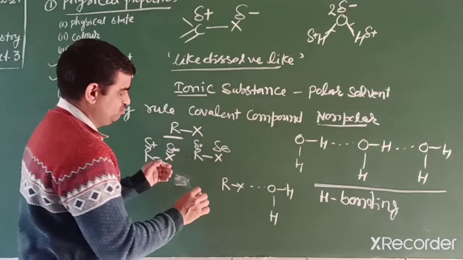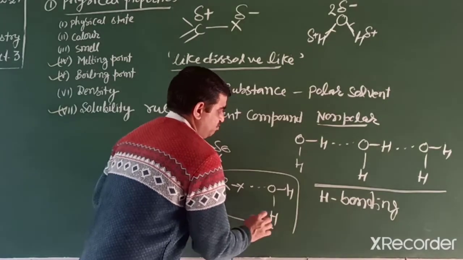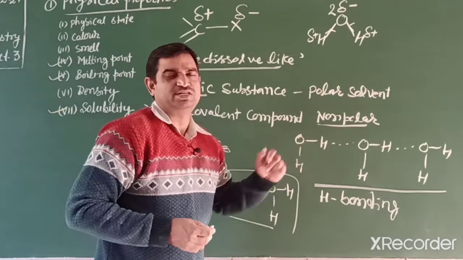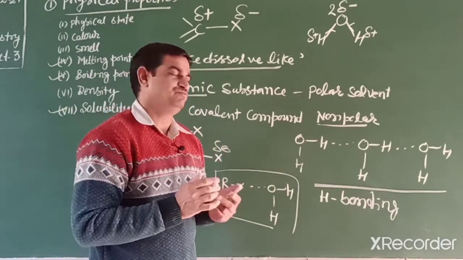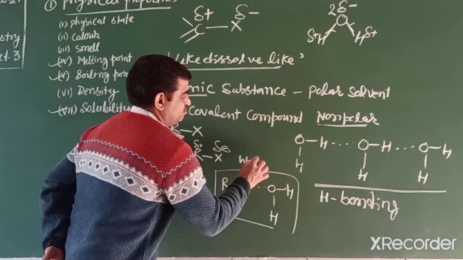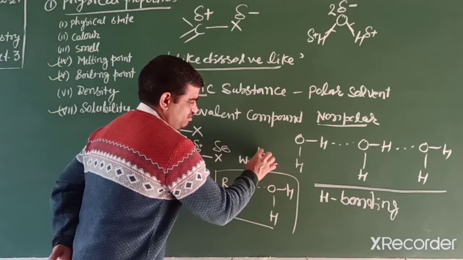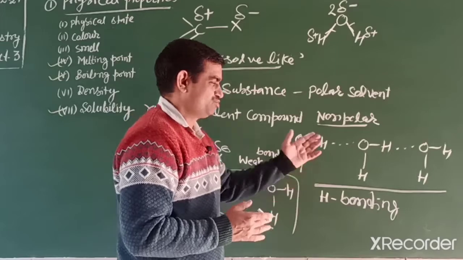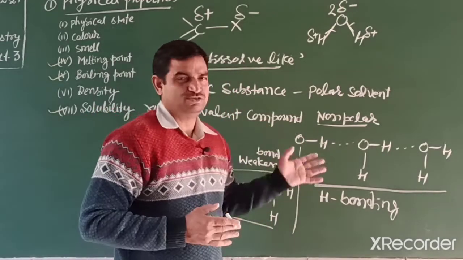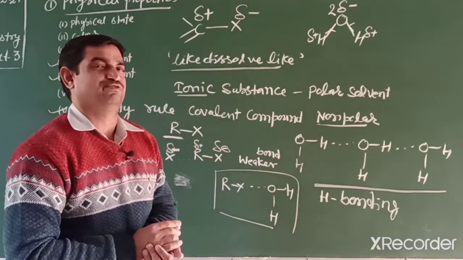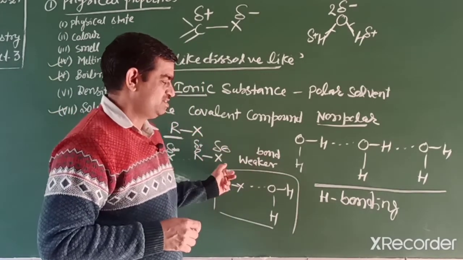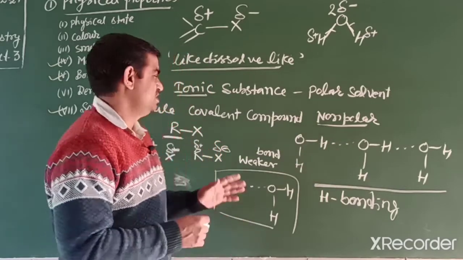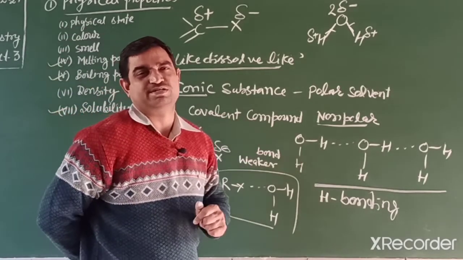That new force is weaker than the forces between alkyl halide molecules and between water molecules. When a new weaker bond forms, less energy is released, because the bonds between water molecules are strong. That energy cannot break the hydrogen bonding, so alkyl halides are less soluble in water.